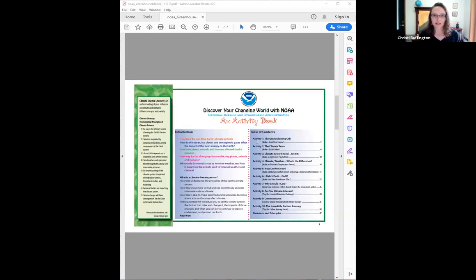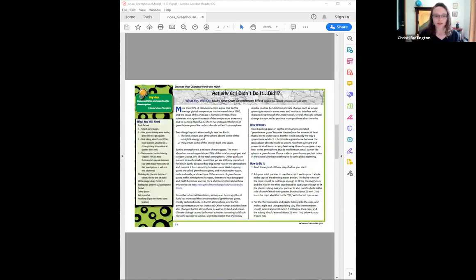There's 10 different activities. Several of them can be done for remote learning with your students. And they all follow what's called the climate literacy principles. And these are here on the left in the activity book. What I've provided for you in Canvas is simply this activity, which is titled, I Didn't Do It, Did I? And it is making your own greenhouse effect in a bottle.